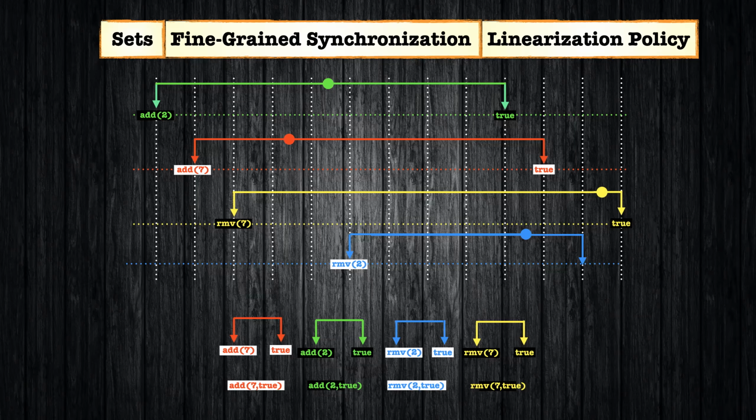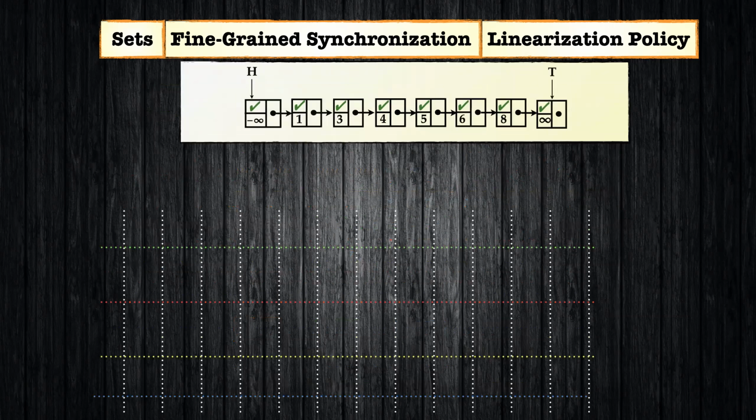Okay. So now if you go back to the previous example, remember I told you that you had these 3 threads, and the red entered before the yellow, which means that the yellow had no chance to overtake the red. In fact, the same thing happens if the yellow enters the list before the red, and it tries to remove a 7, and now it goes there and linearizes because it has found the right position in which to linearize.